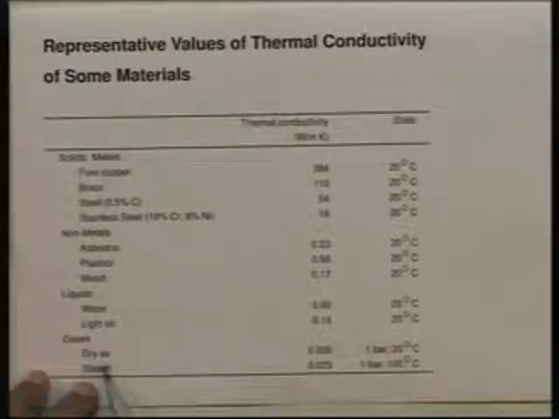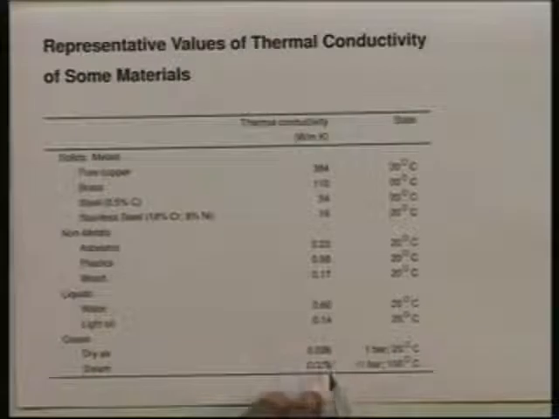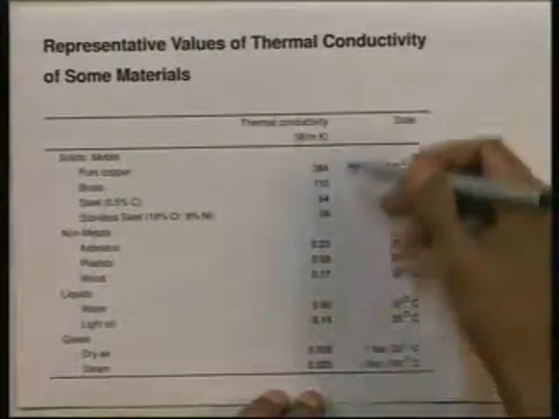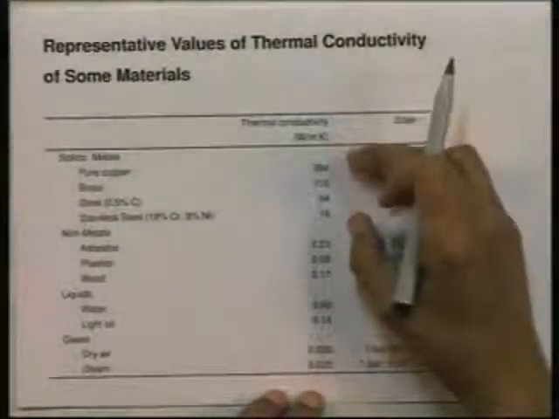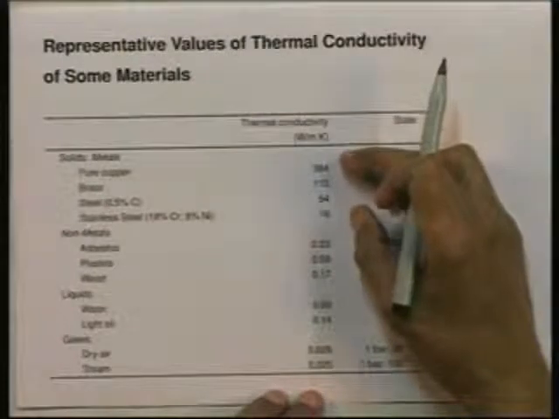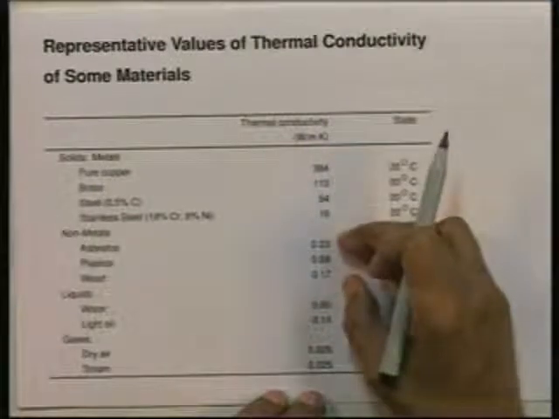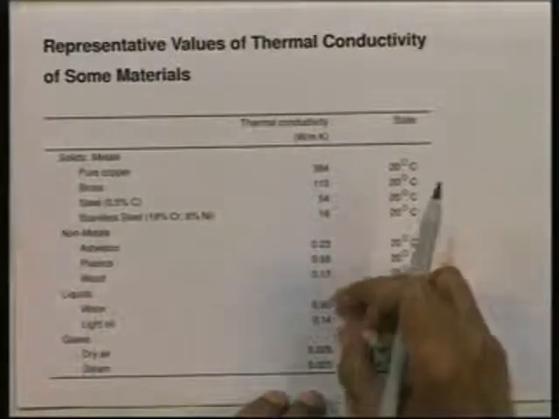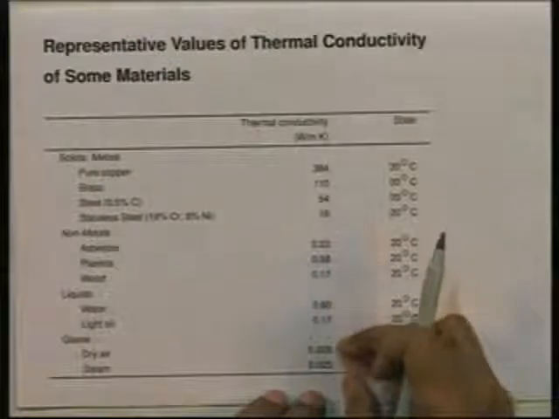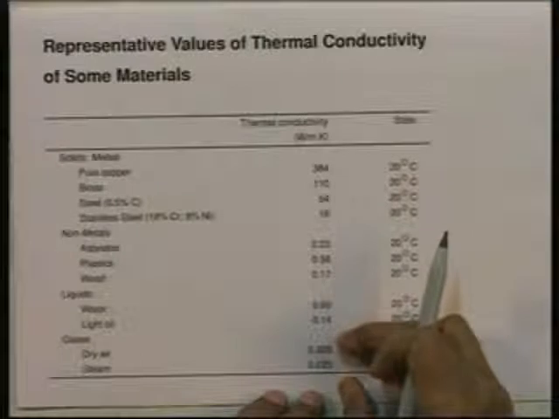And gases like dry air 0.026, steam at 1 bar and 100 centigrade 0.025 will have values which are typically 0.02, 0.03, 0.04. So, you see the wide range of k that we get in practice. Metals anything from 10 to a few hundred, the highest values being for very pure metals. Non-metals 0.1 to 1, liquids 0.1 to 1, gases and vapors less than 0.1, typically 0.02, 0.03, 0.04.